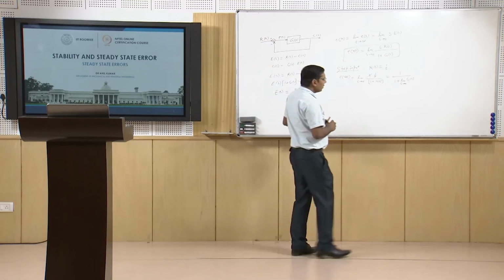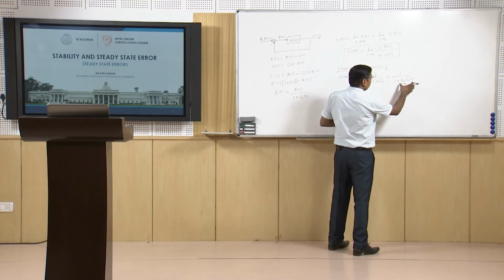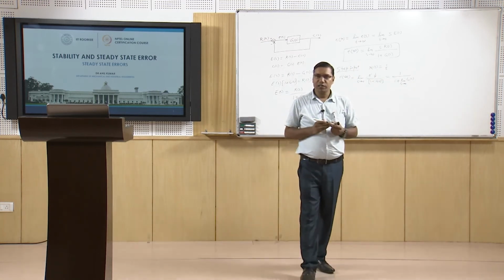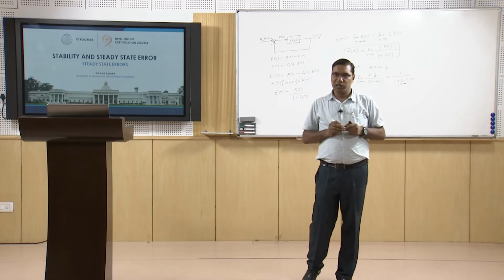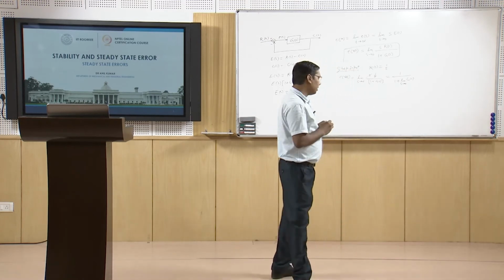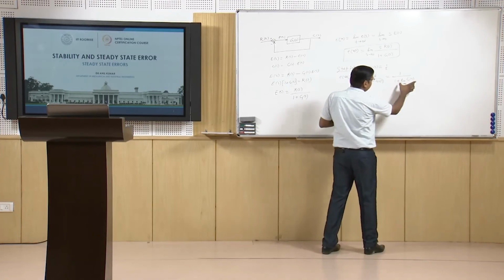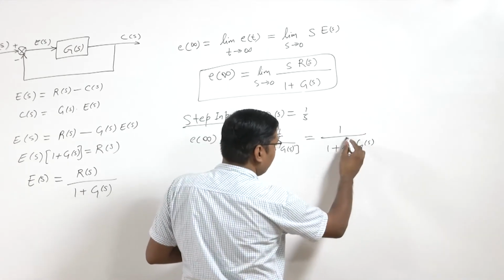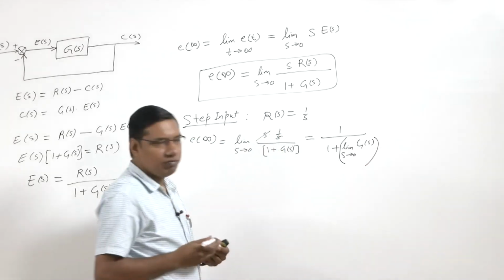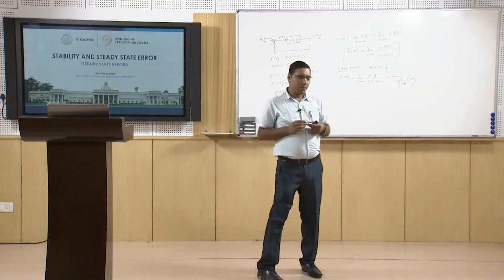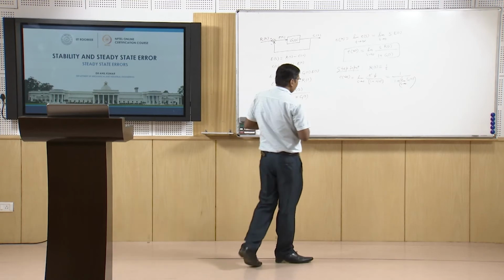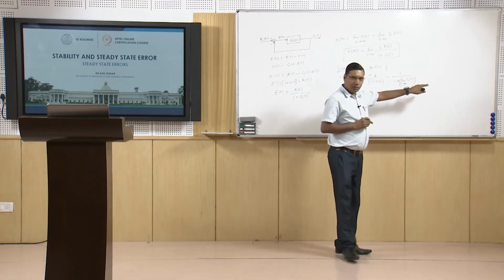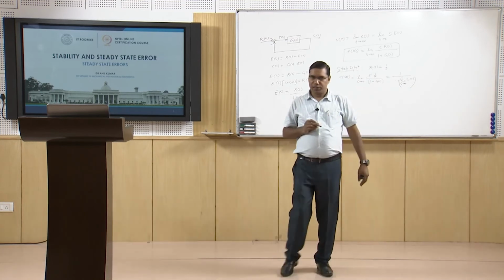So if we want 0 steady state error, because our objective is that there should be 0 steady state error, so there should not be any finite steady state error. So if this term tends to infinity, this part tends to infinity when s tends to 0, then this term will be tending towards 0, right.